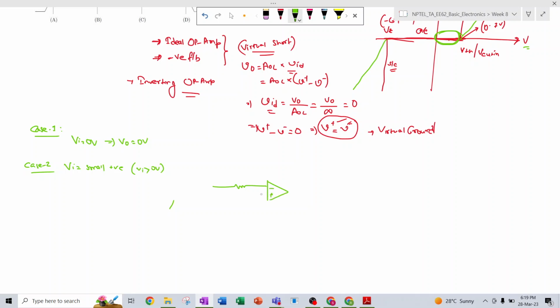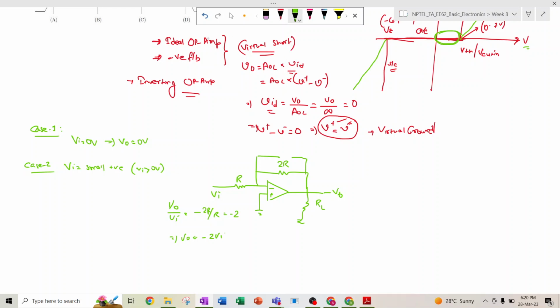This is the inverting terminal, this is RL, this is 2R, this is R, and this is Vi, and this terminal is open circuit. So this is basically the inverting configuration. The output Vo versus Vi will be nothing but minus 2R by R, whatever is in the feedback path divided by the input path. So Vo will be minus 2 Vi.